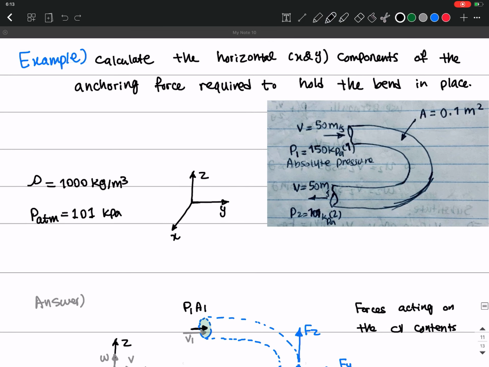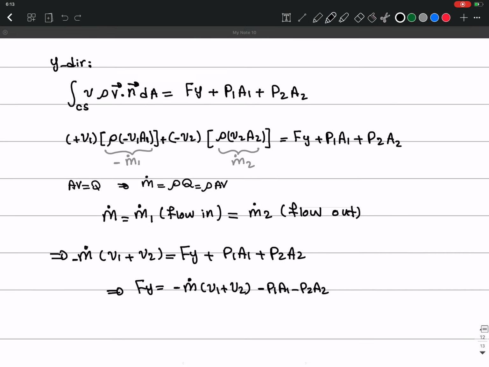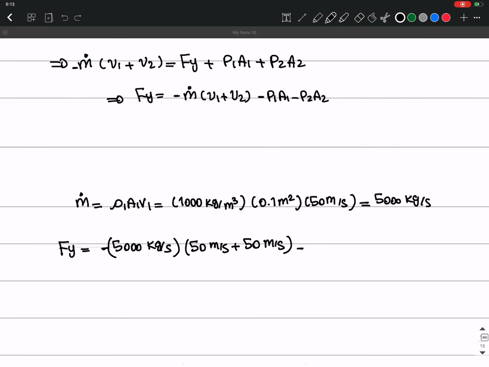These are actually absolute pressures that are given to us, so you have to be careful about that. I can write this in terms of the absolute pressure or in terms of the gauge pressure, so it's up to you how you want to write it down.